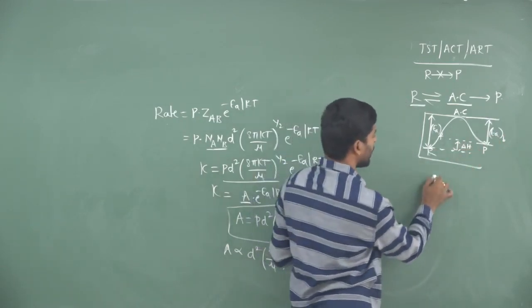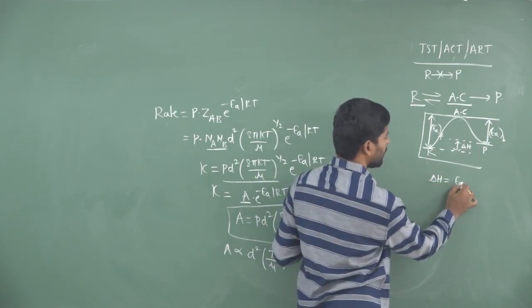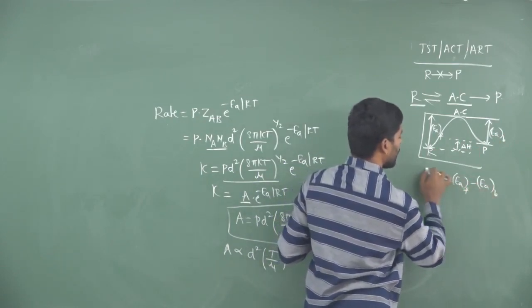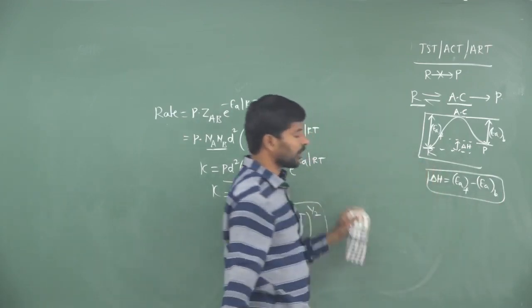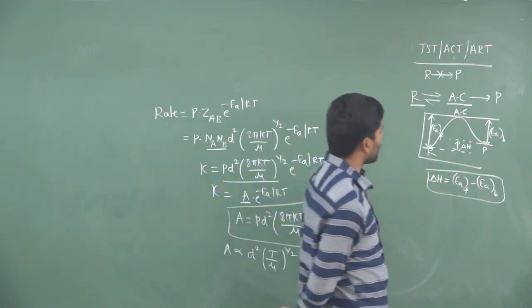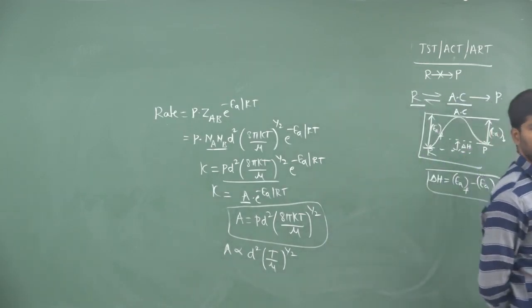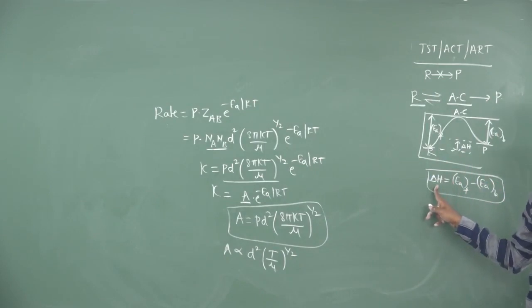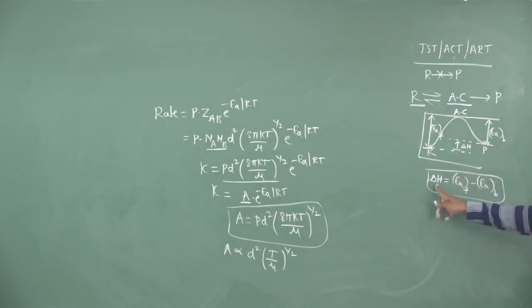Enthalpy change is activation energy for the forward reaction minus activation energy for the backward reaction. For an endothermic reaction, delta H is positive, that means EAF is more compared to EAB. For an exothermic reaction, delta H is negative, that means EAB is more compared to EAF.